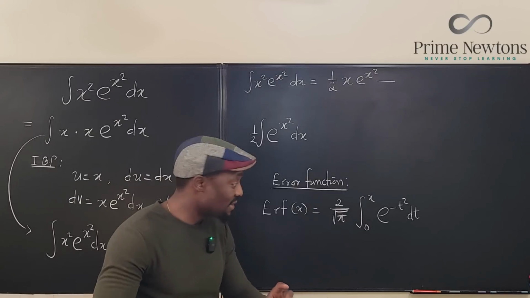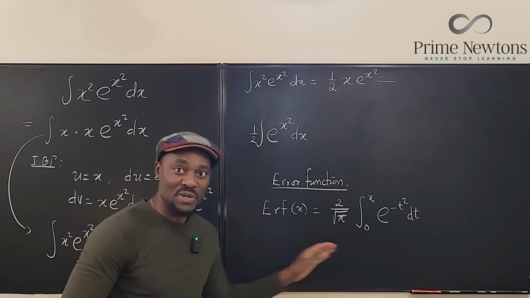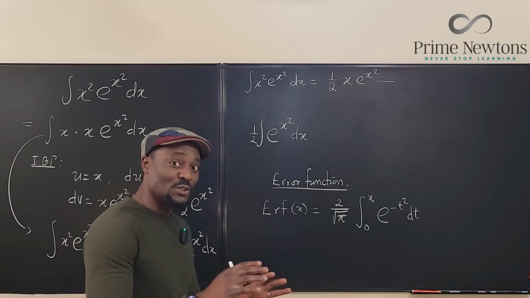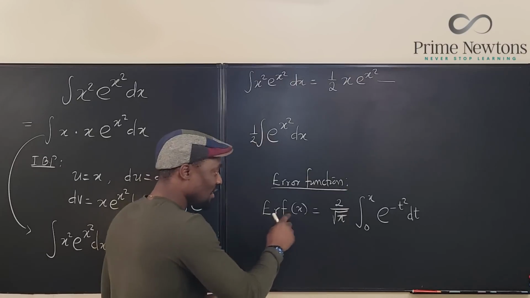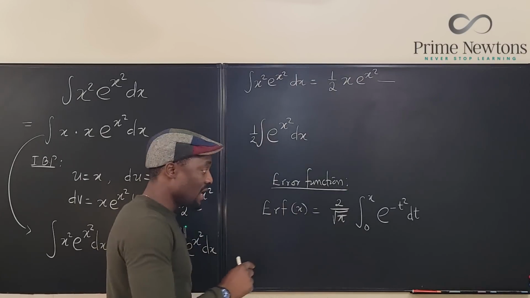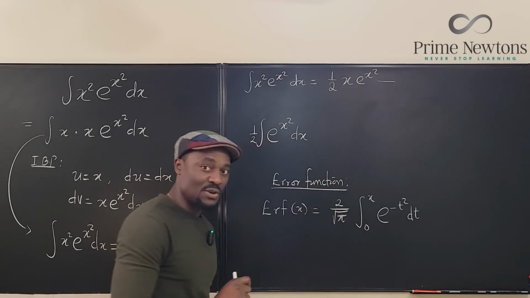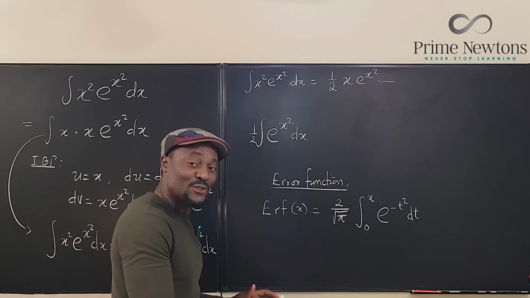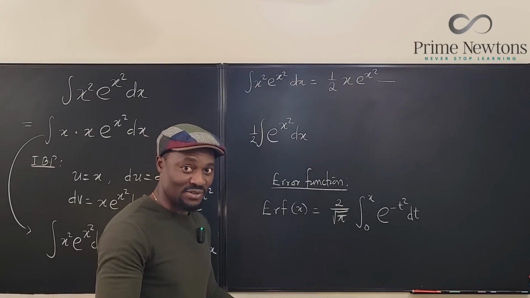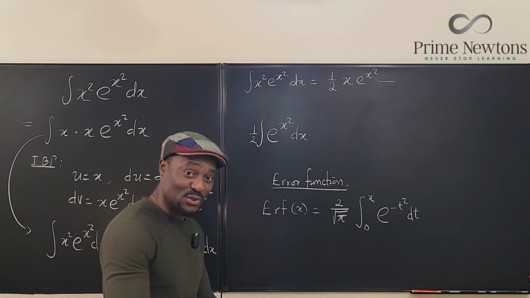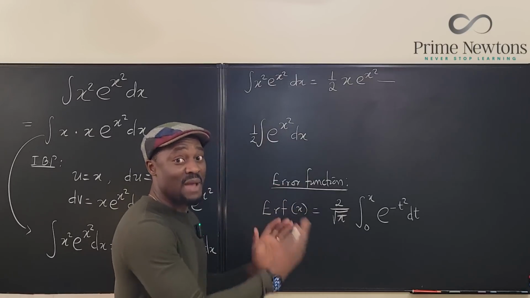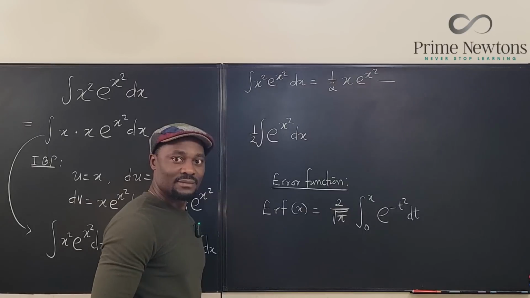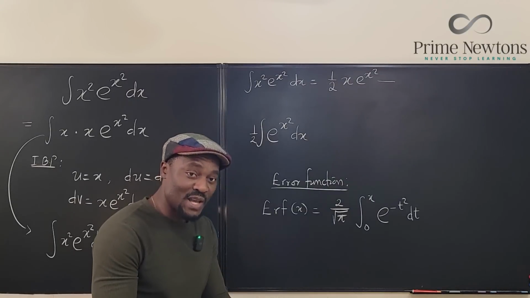And when x is not real, we can replace all the x's that we see here with imaginary x. So I'm going to change this x to an imaginary one, and then whatever we get will not be the real error function, it will be the imaginary error function. That's the simple transition between the real error function and the imaginary one, just because this guy is positive right here. So how do we do that?